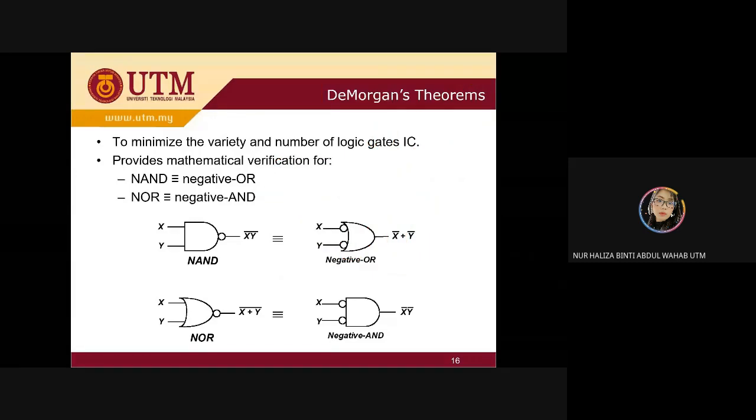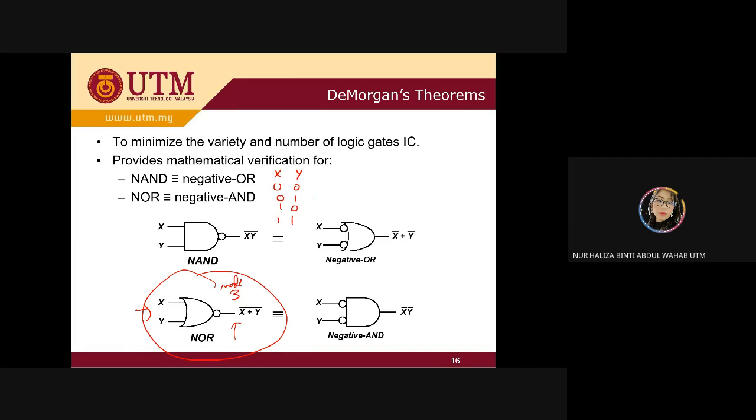Okay, next. You have another one. NOR gate. No need for me to explain because you already looked into module 1 and module 3 on the NOR gate. Maybe we go directly to X and Y: 0, 0, 0, 1, 1, 0, 1, 1. For your X plus Y, which is your NOR gate, what you will get is 1, 0, 0, 0.